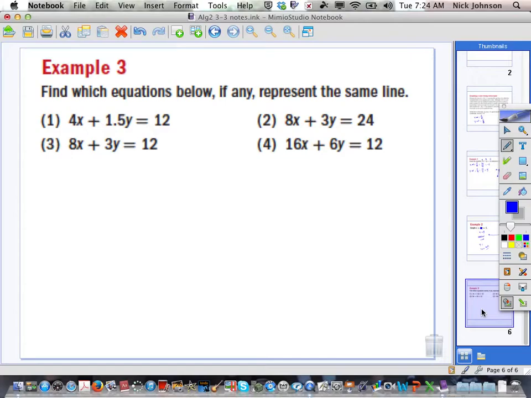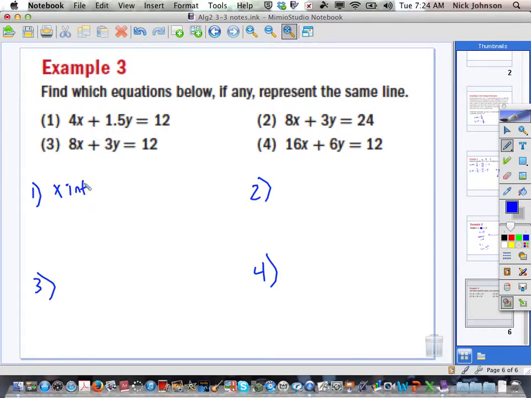Example 3. Find which equations below, if any, represent the same line. Well, if they both share the same x and y intercepts, they're definitely the same line, correct? So we could go through here and find all the x and y intercepts for 1, 2, 3, 4.